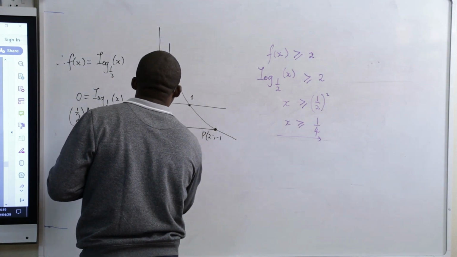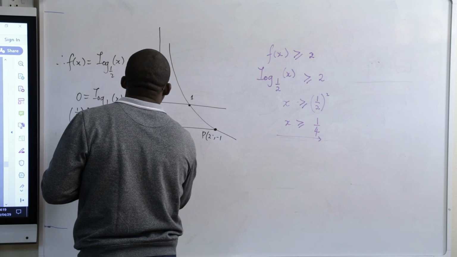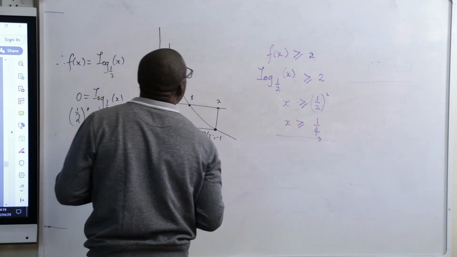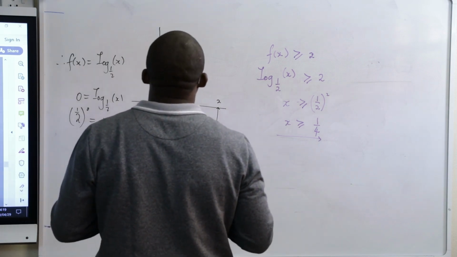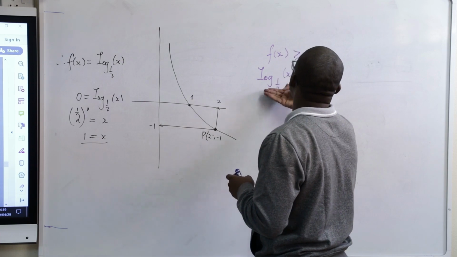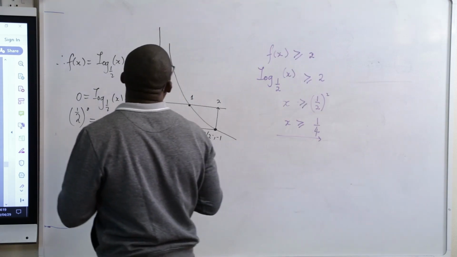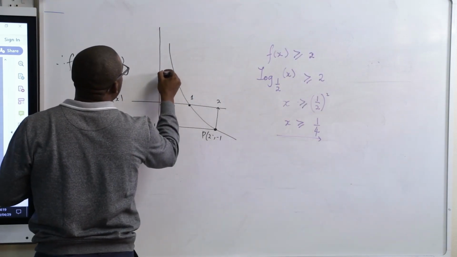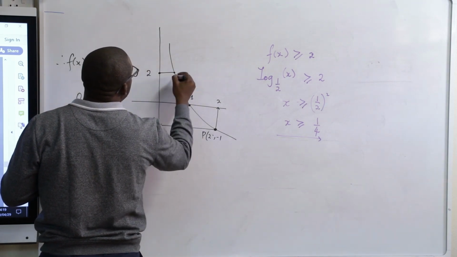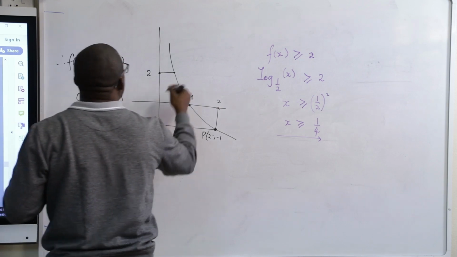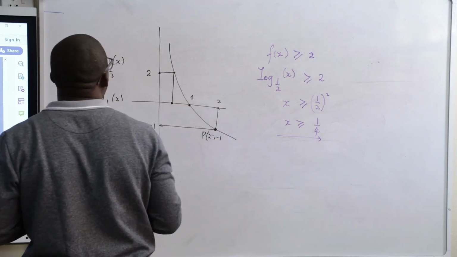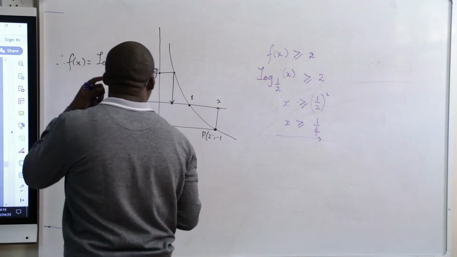That means here it was minus 1, then there it was 2. Then they want the graph of f to be above 2. If the graph of f is above 2, then here's 2. You interpolate. And they want the x value that goes with that point.